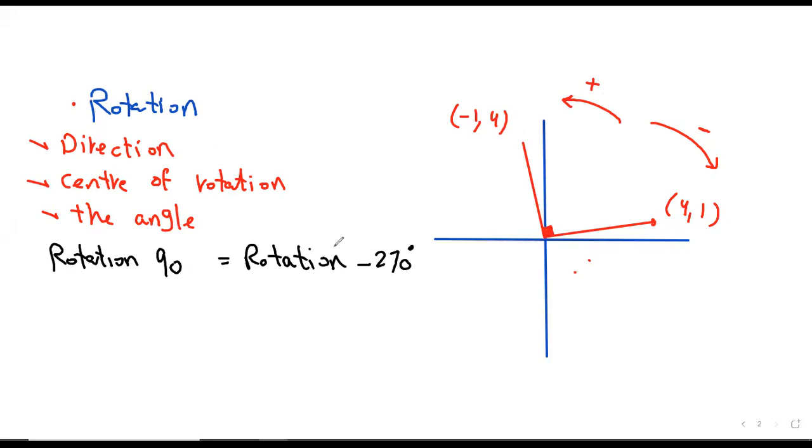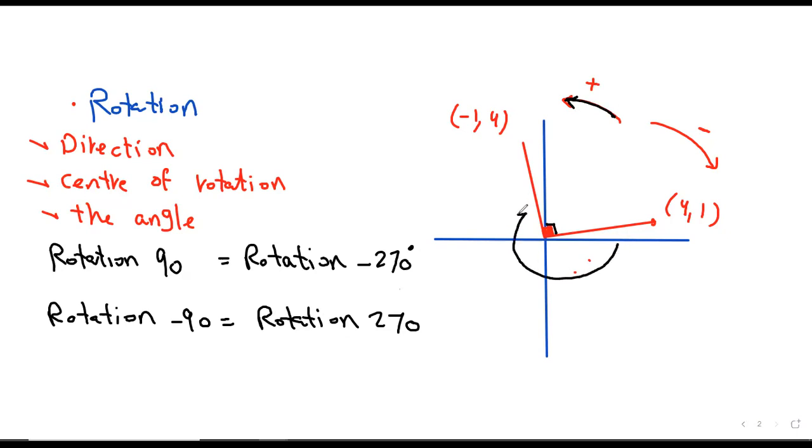And rotation negative 90 is the same as rotation 270. If we look at this angle, it's 90 because we are moving in the positive direction. And if you take this direction, it will be negative 270.